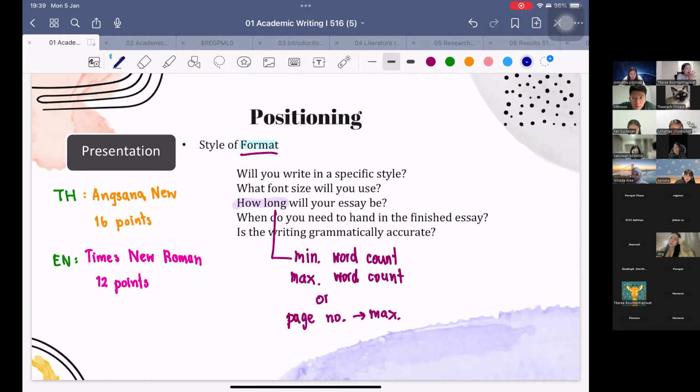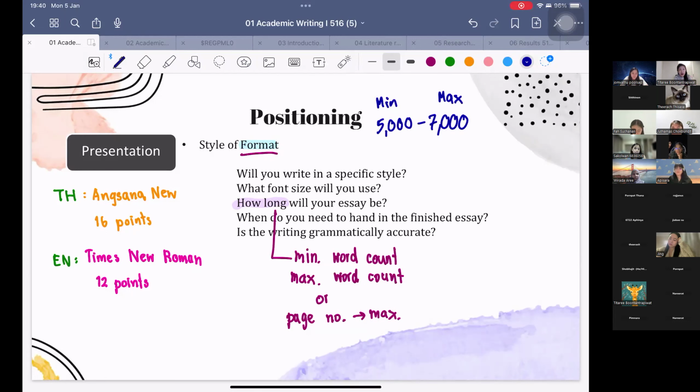Normally it is about 5,000 to 7,000 words. Say 5,000 is the minimum: you cannot have fewer than 5,000 words for the whole paper, the whole research. If they say 5,000 to 7,000, the minimum would be 5,000 and the maximum would be 7,000.